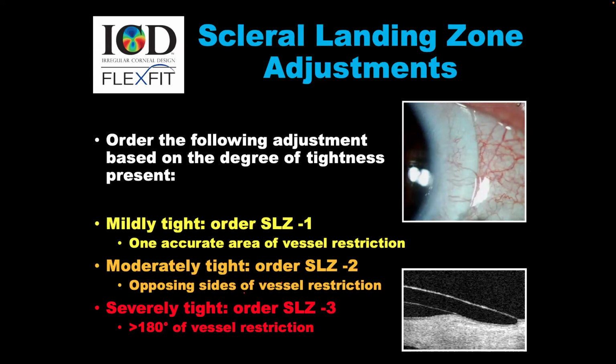What we have seen that works a little bit better is if we see, let's say, blanching at 3 and 9, we may have a scleral toricity with the rule.